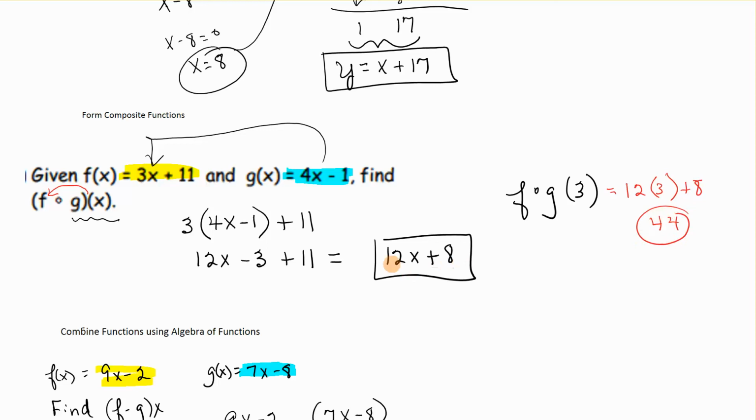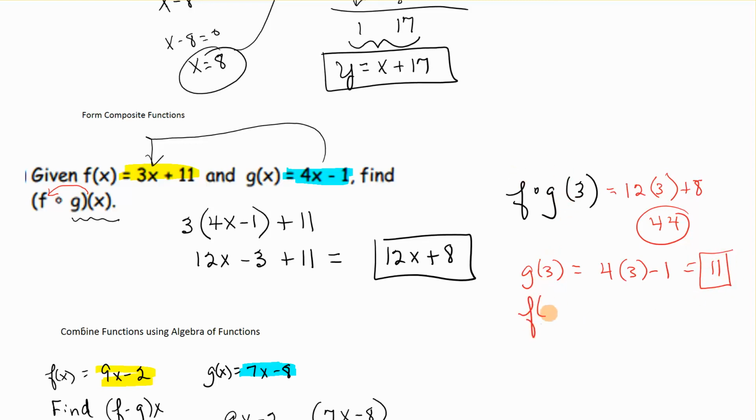If you didn't have this, if they just gave you this line and said find f of g of 3, you want to start out to the right. So g of 3 would be 4 times 3 minus 1, plugging it in here, which would be 11. And then you take this and plug it into f, because we're moving right to left.